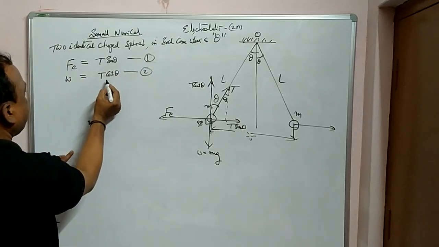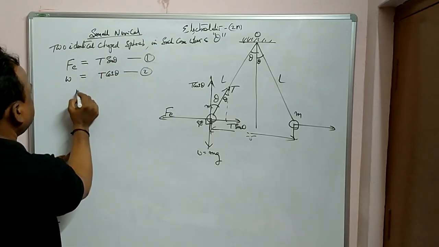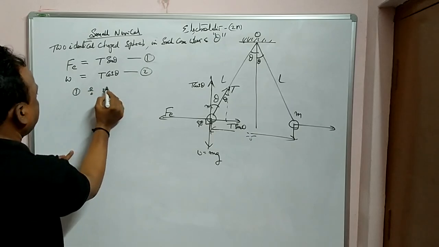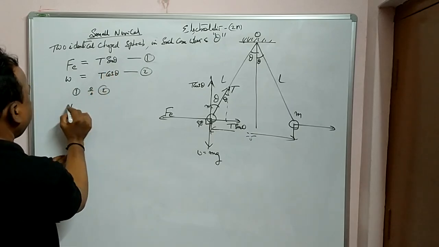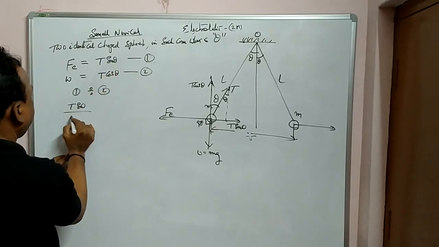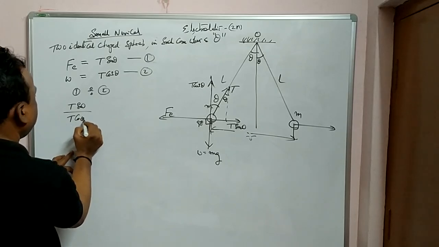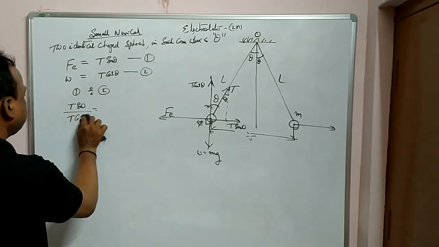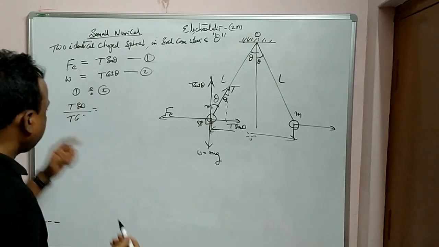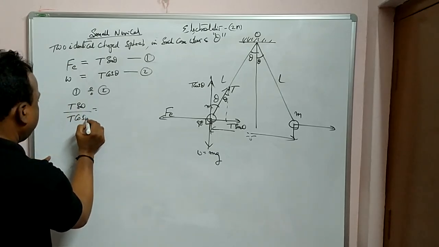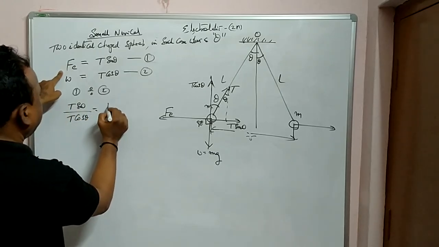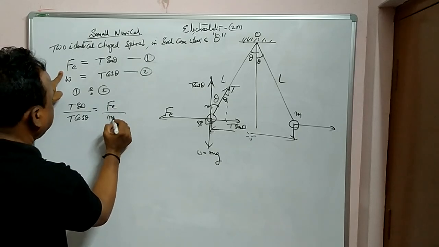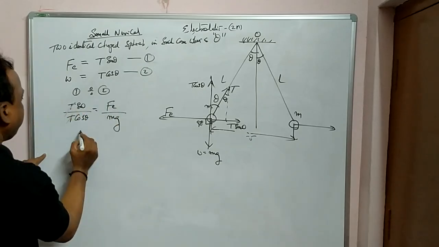So from this, if you divide equation 1 with 2, T sin theta by T cos theta, what happens? Electrostatic force by W, that is mg. Sin theta by cos theta is how much?